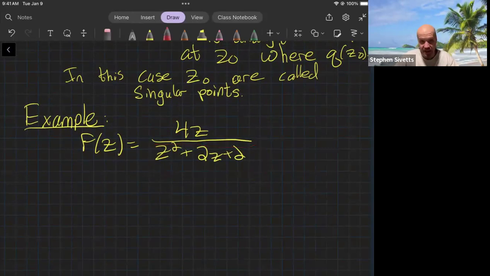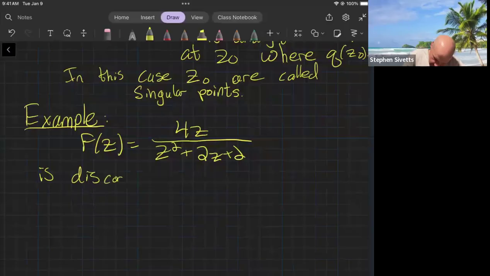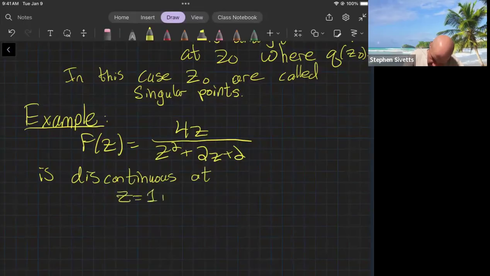You'll get 1 plus i and 1 minus i. So you can say that this function is discontinuous at z equals 1 plus i and z equals 1 minus i.